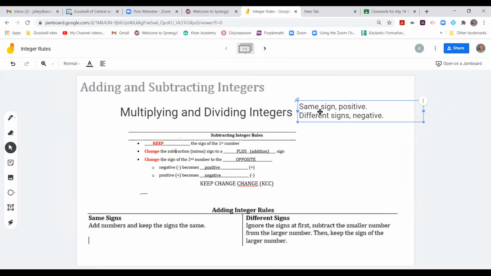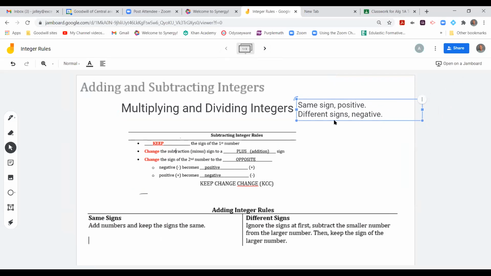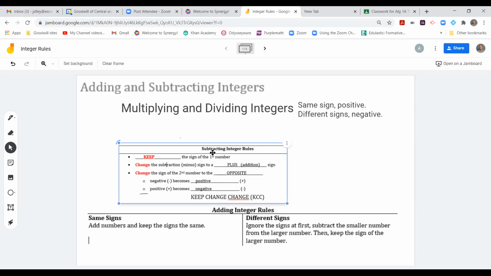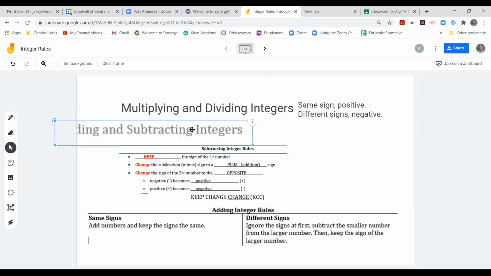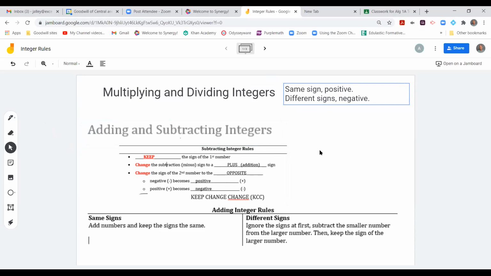Oh, here it is. It goes with this. Multiplying and dividing is just these two. Same sign positive, different sign negative. Adding and subtracting are these. Keep, change, change. Same sign, you add them and keep the sign. Different sign, you subtract and use the sign of the larger number.